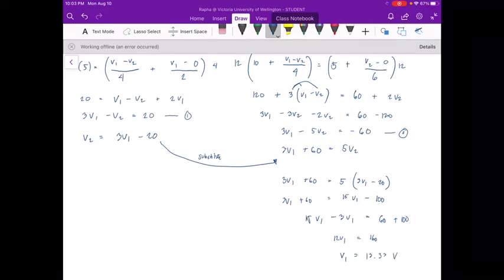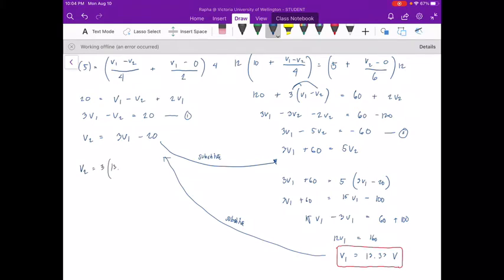13.33 volts. So we already solved the value for V1, and then we are going to substitute it back to here. So substitute, we have V2 is equal to 13.33 minus 20.